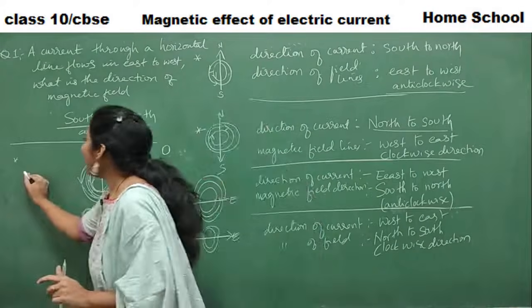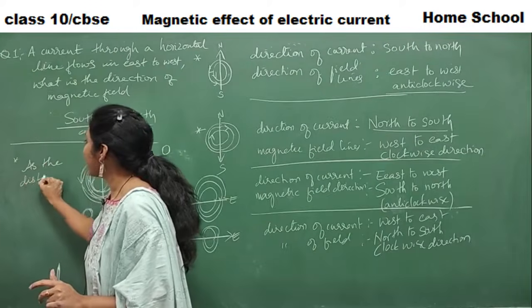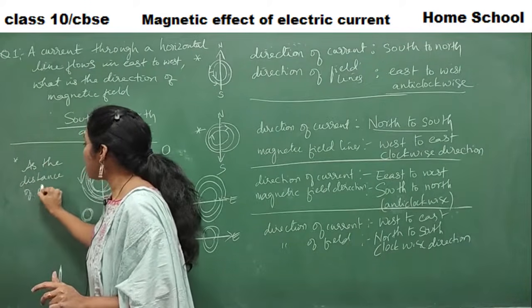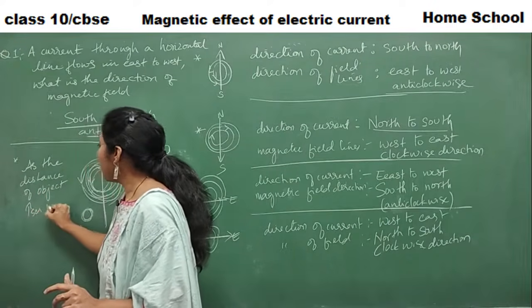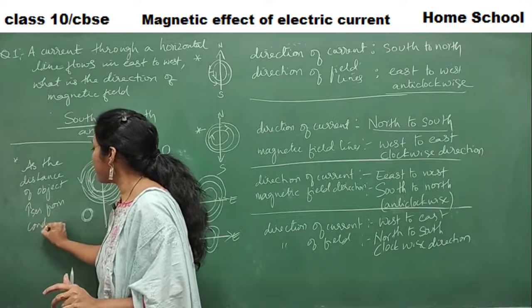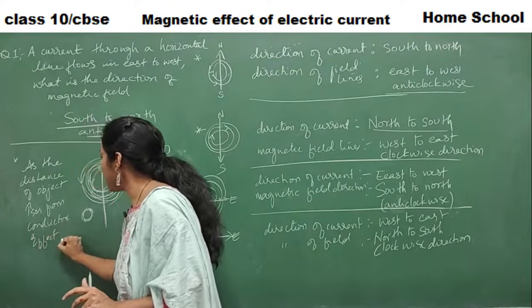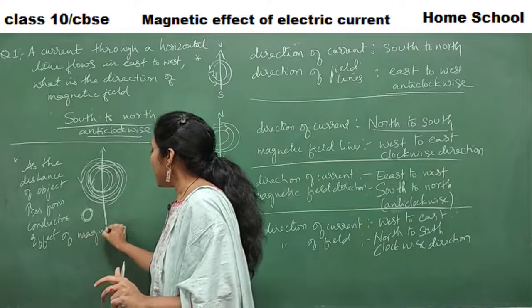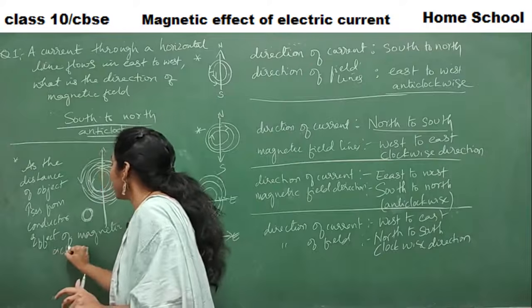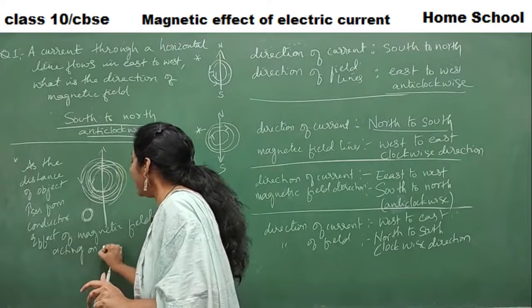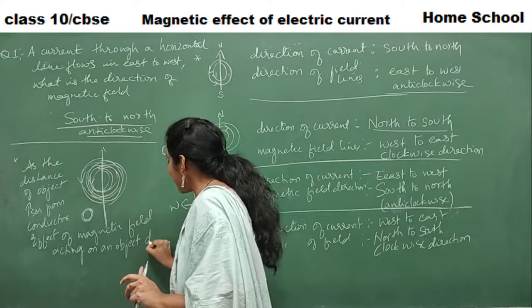Say, what I will write is: as the distance of object increases from conductor, effect of magnetic field acting on an object decreases.